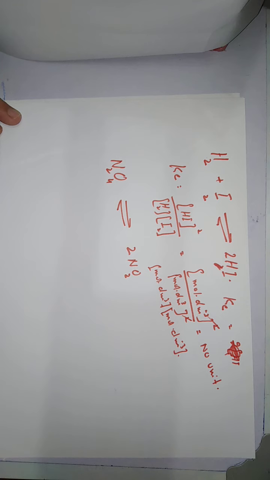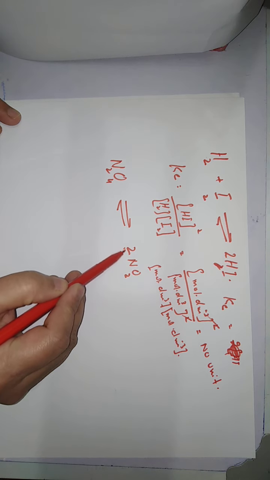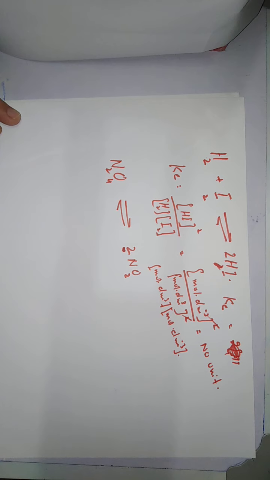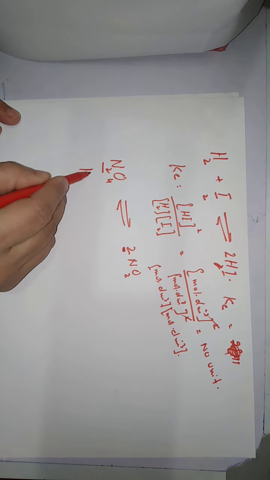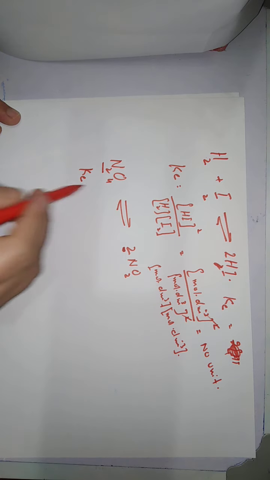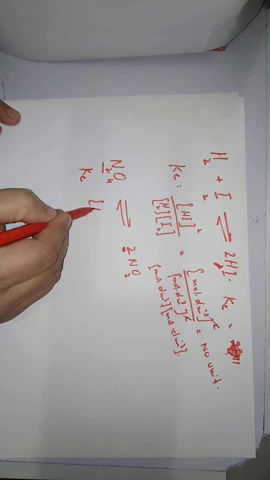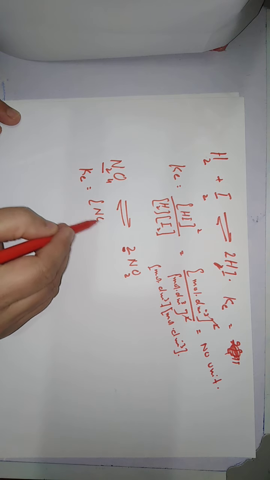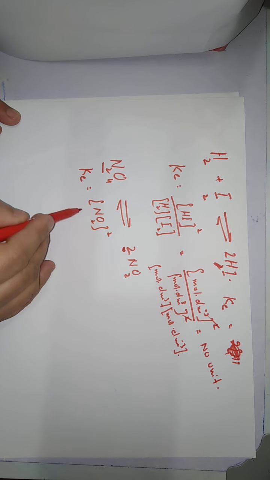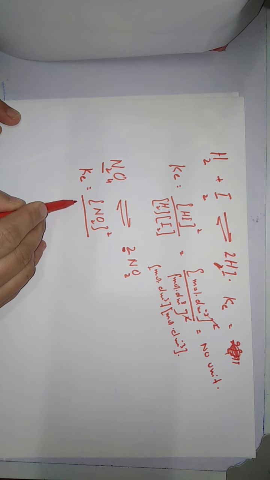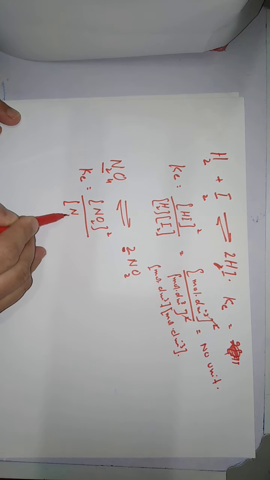In this reaction, the number of moles of product, as you see, is greater than the number of moles of reactant. In the equilibrium constant expression, Kc equals NO2 raised to the power of its coefficient over N2O4.